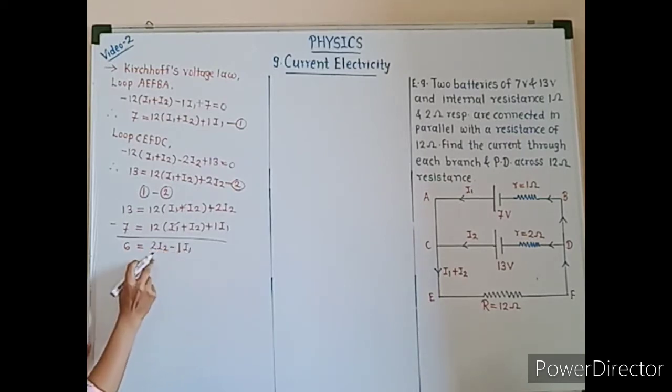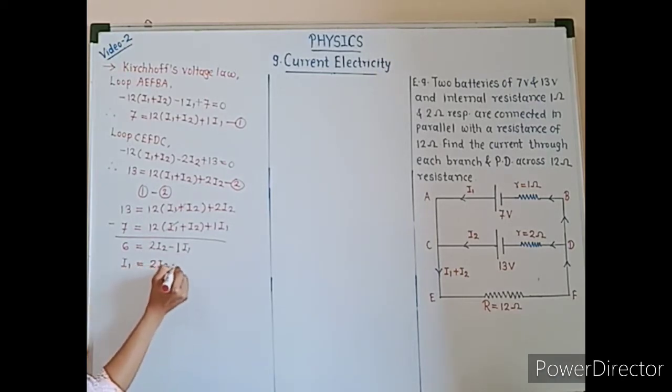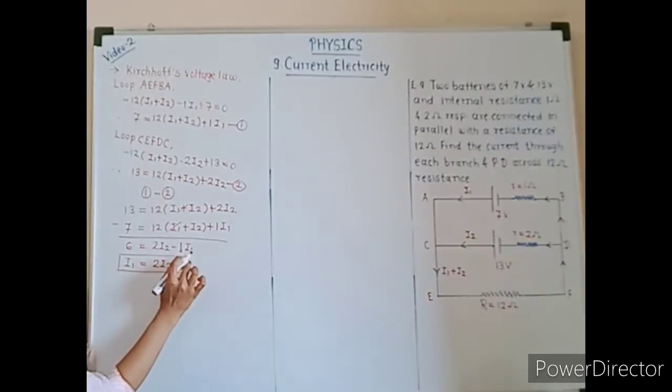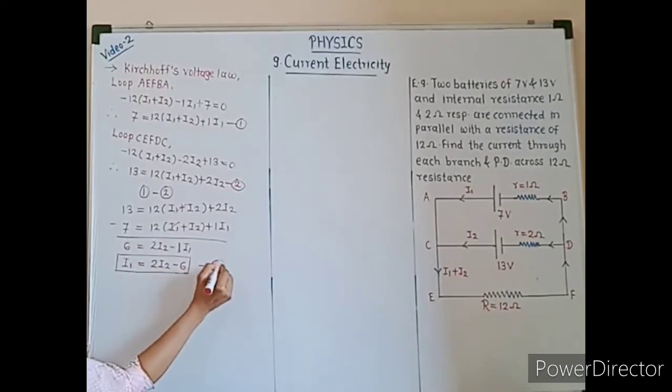So we get 2I2 minus 1I1. By rearranging the terms, we can write I1 is equal to 2I2 minus 6, and this is equation number 3.